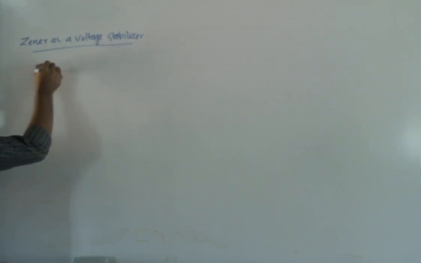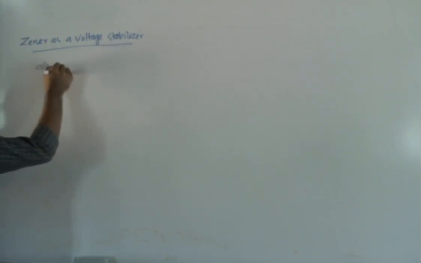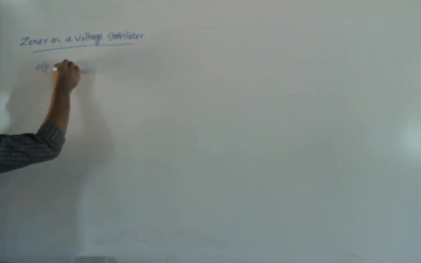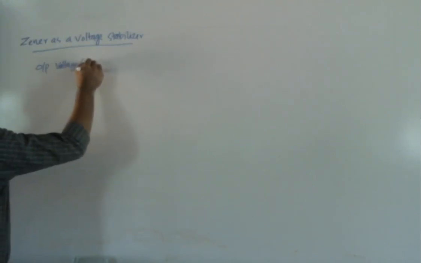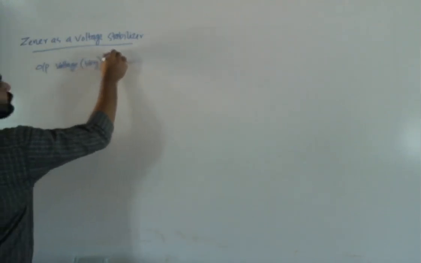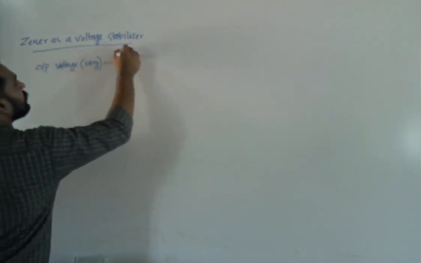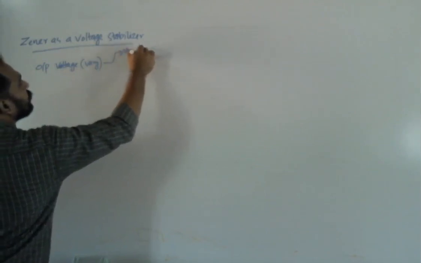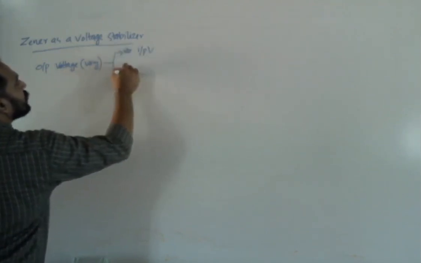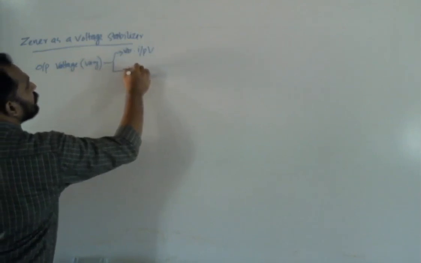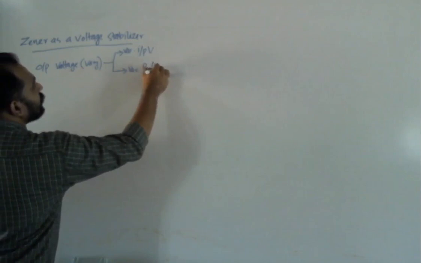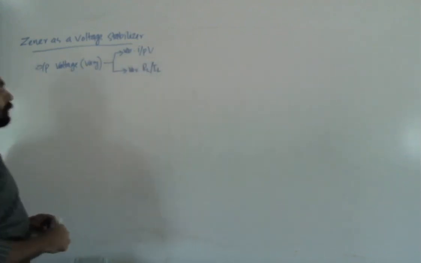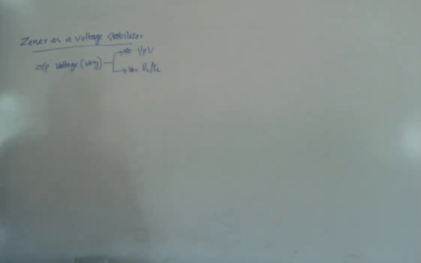The output voltage will vary because of two reasons: when there is a variation in the input voltage, or when there is a variation in the load resistance or load current IL, whatever it may be.